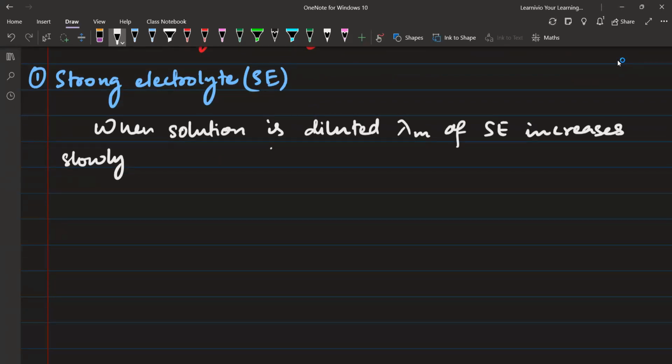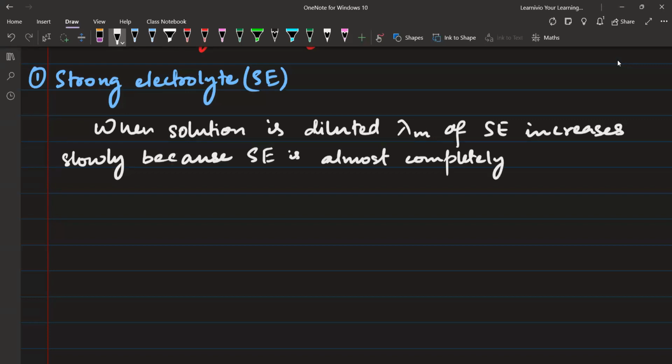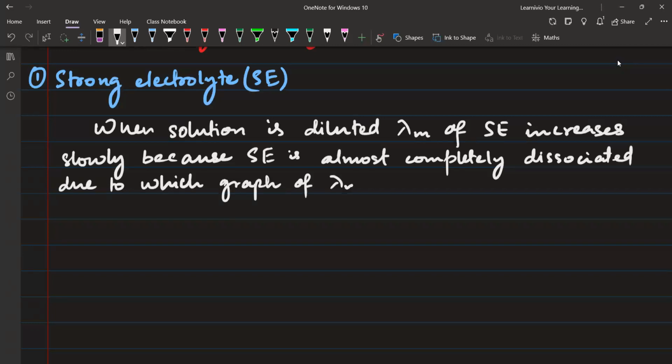So lambda m increases slowly because strong electrolyte is almost completely dissociated, due to which the graph of lambda m versus root of concentration is linear for strong electrolyte.